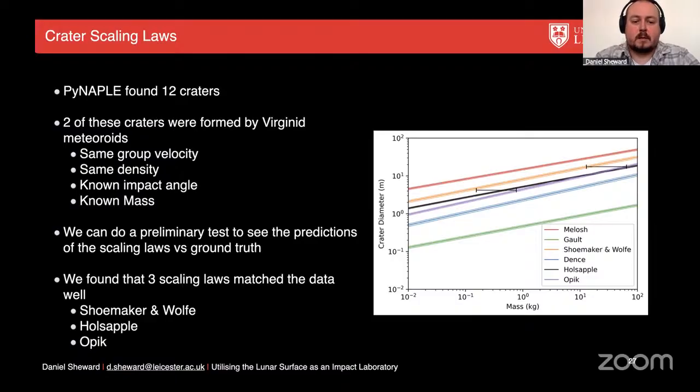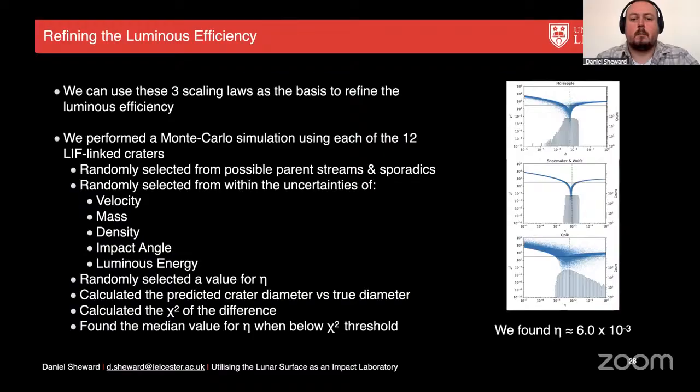So with these 3 scaling laws, we can then move on and do a more comprehensive study. We did a Monte Carlo simulation using all 12 of the craters that we'd found, and randomly selected from the possible parent streams or the sporadic background. From that, we get the velocity of the stream, the mass, the density, the impact angle, and the luminous energy.